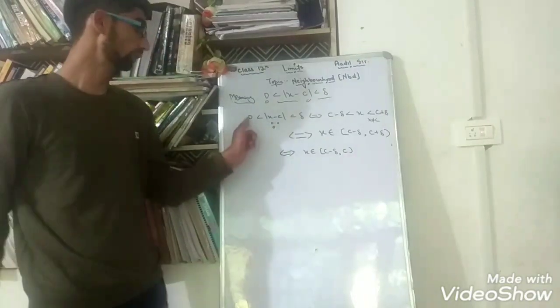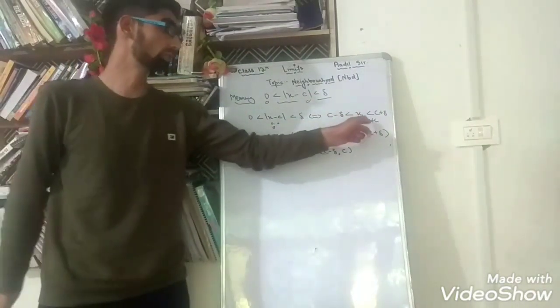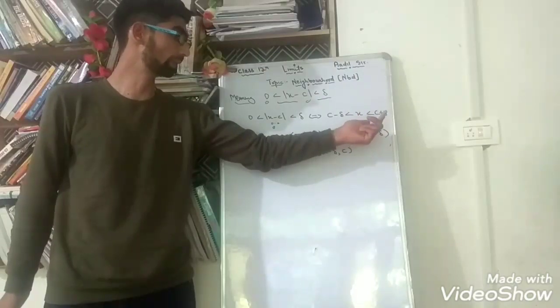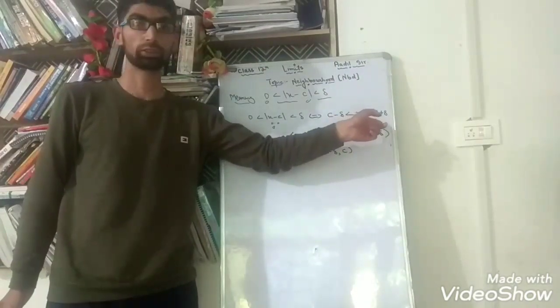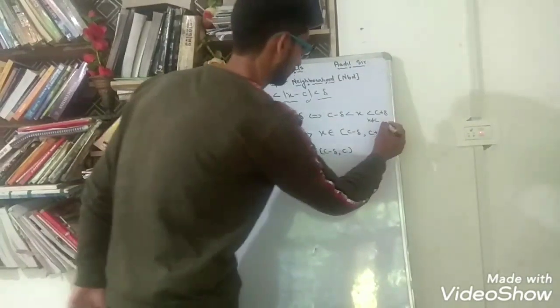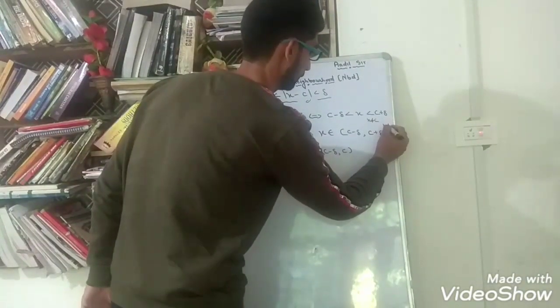But 0 is not less than 0. So we have to take the point which is not equal to c. So here x is not equal to c.